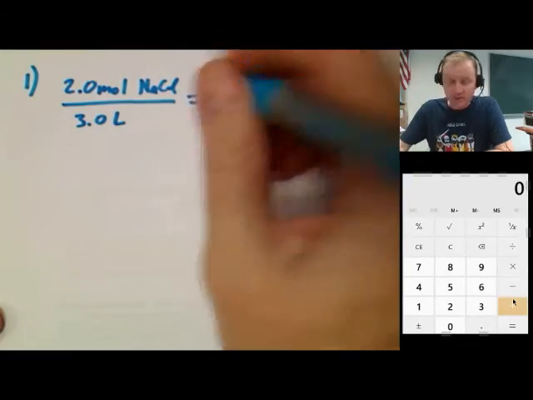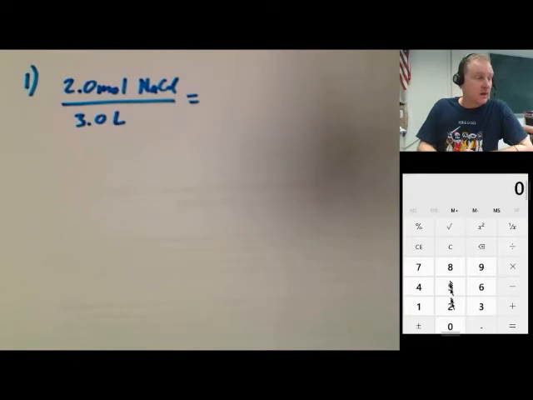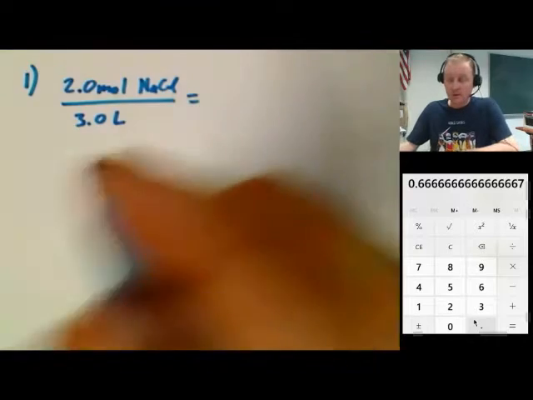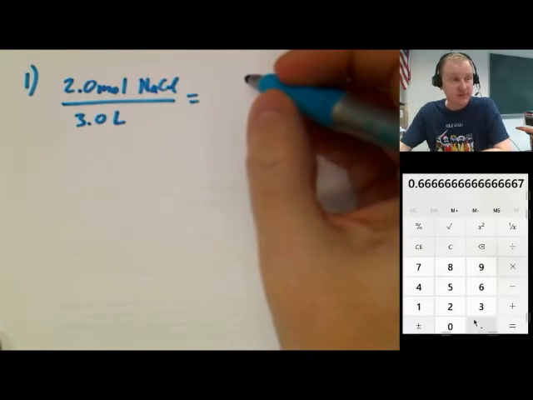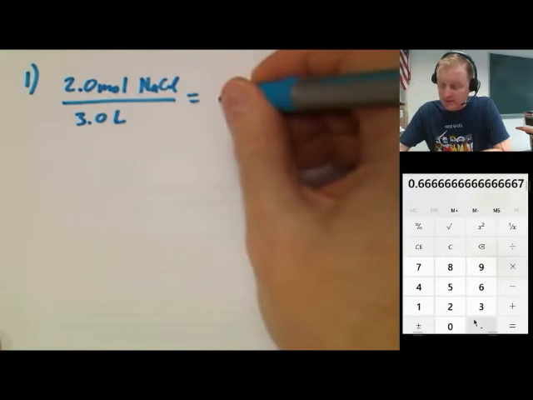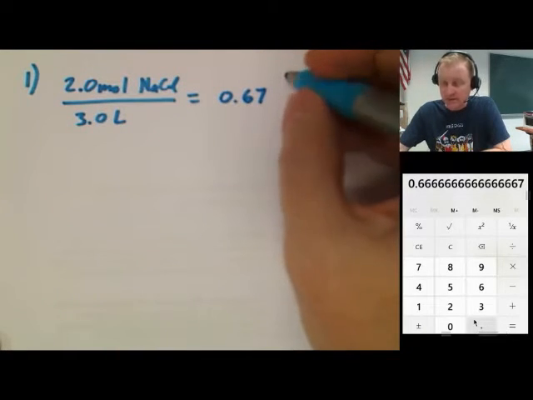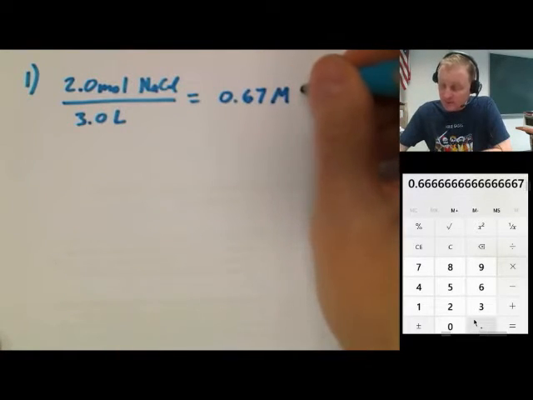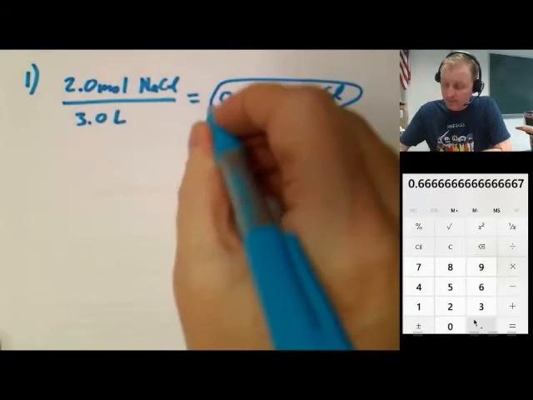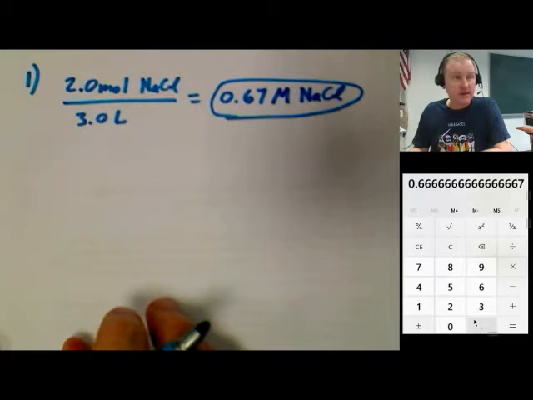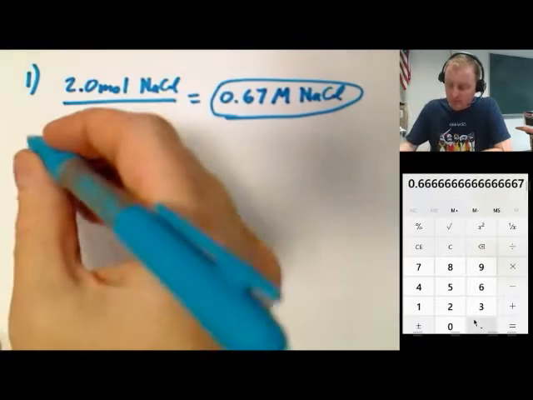So all we got to do is take 2 divided by 3, and with 2 significant figures in that question, I would record it as 0.67 moles per liter, or capital M, of sodium chloride. So it's a 0.67 molar solution of sodium chloride.